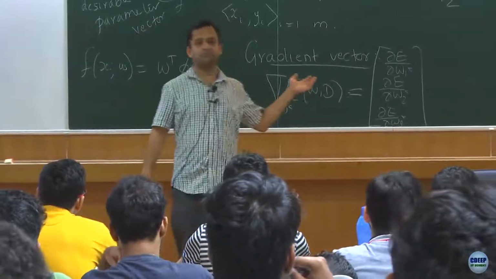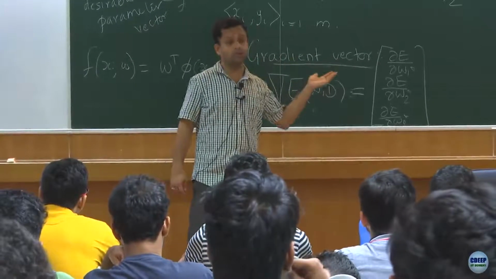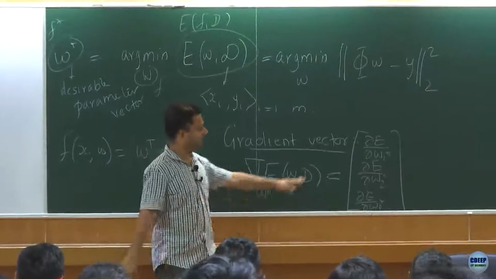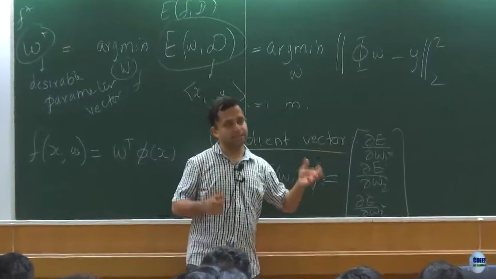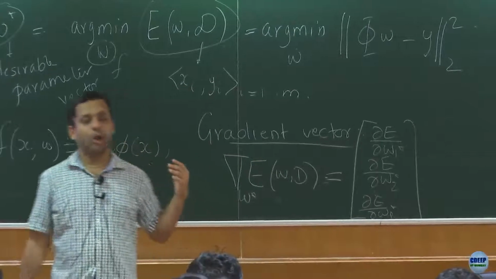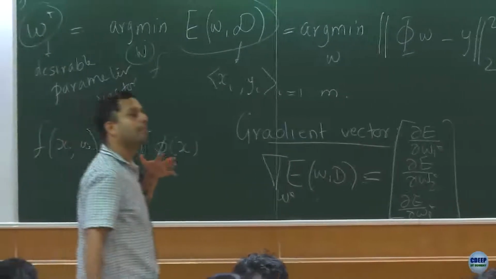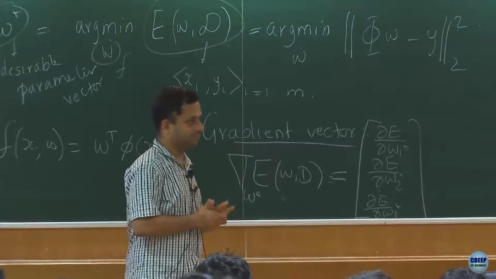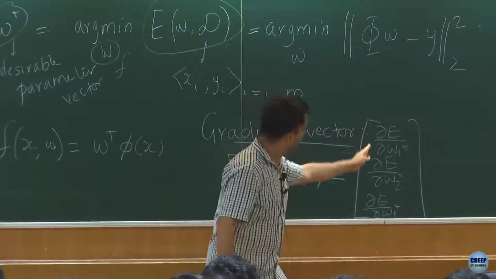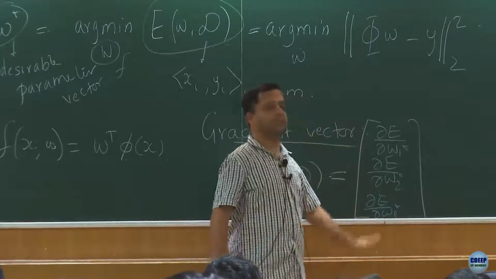I have posted more detailed notes on optimization if you are interested. But for the time being, this gradient has both the magnitude and direction of rate of increase of a function, right? And this is nothing but a vector of partial derivatives.